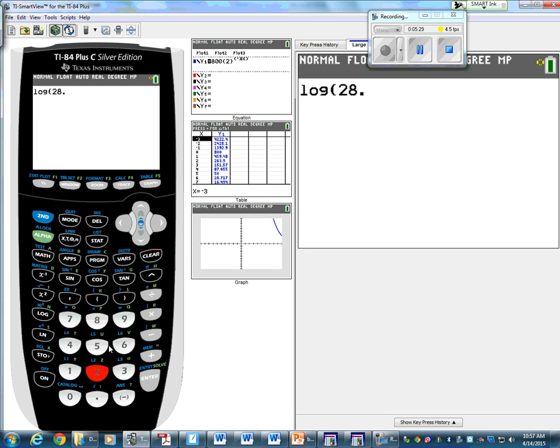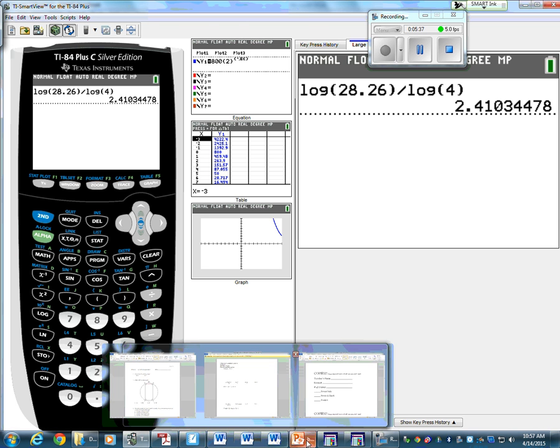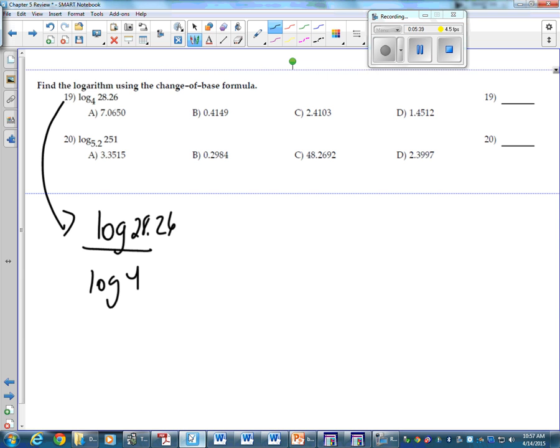Notice that it opens a parenthesis, so you need to close that before you hit divided by the log of 4. And that gives me 2.4103, I guess, is C. That means, if I were to check my answer, 4 to the 2.4103 power would be about 28.26.